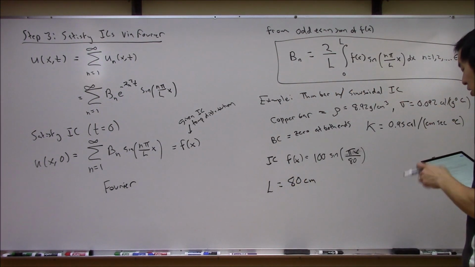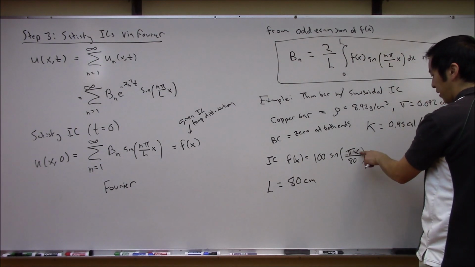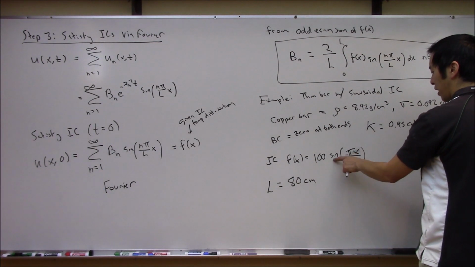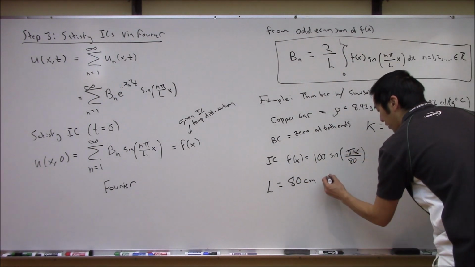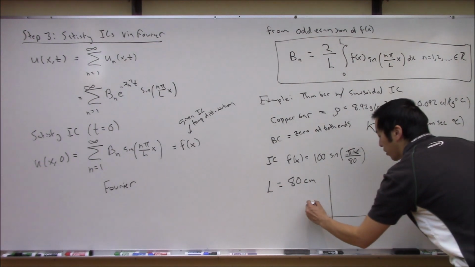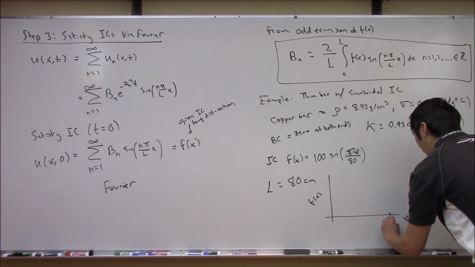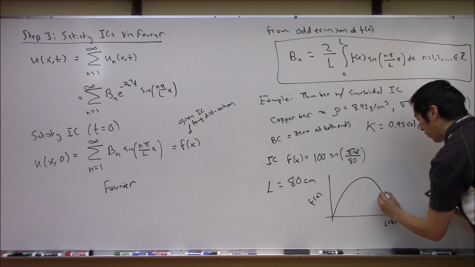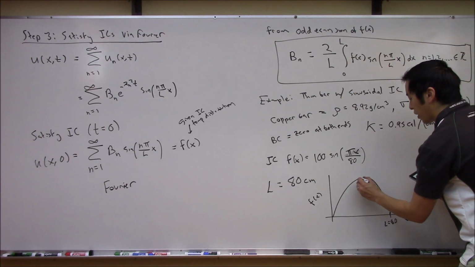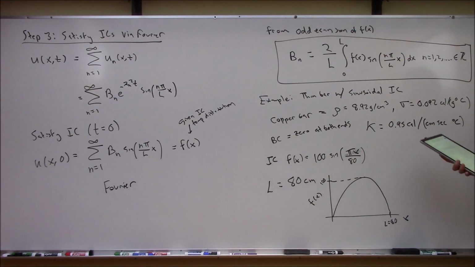Let's work with x in centimeters, and the reason is you can see that when x is equal to 80 centimeters, we get this to be 0. So if you plot out f of x, our initial distribution of temperature, f of x versus x, here's x equals L at 80 centimeters, and all this looks like is a sine wave with a magnitude of 100 degrees. So it's hottest in the middle of the bar.